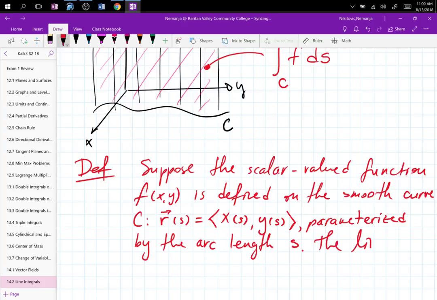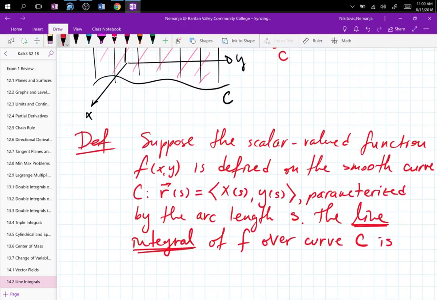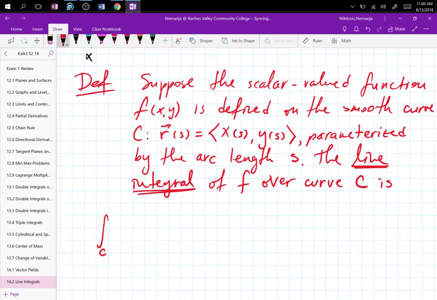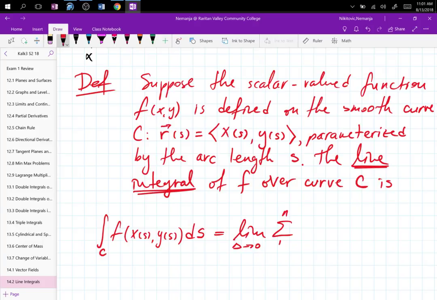The line integral of f over curve C is, and this is the formal definition, the integral over C of f(x(s), y(s)) ds, which is equal to the standard Riemann sum: the limit as delta goes to 0, the sum from k equals 1 to n of f(x_k star, y_k star) times delta s_k.